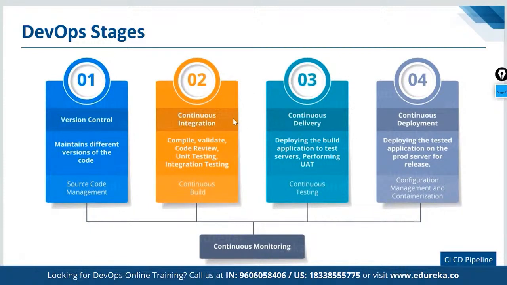As an extension of the continuous integration pipeline, you can deploy to any environment using CD principles, delivery or deployment. There are other smaller things too, like continuous testing, where you continuously do your testing. Configuration management is there, containerization is there, a lot of things are there.